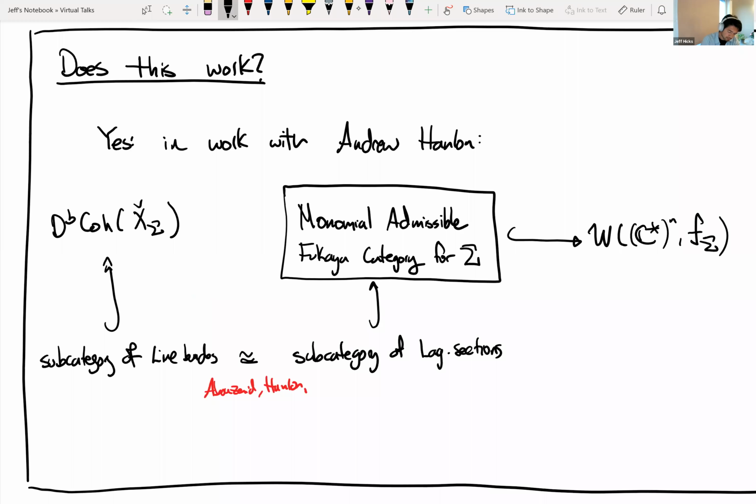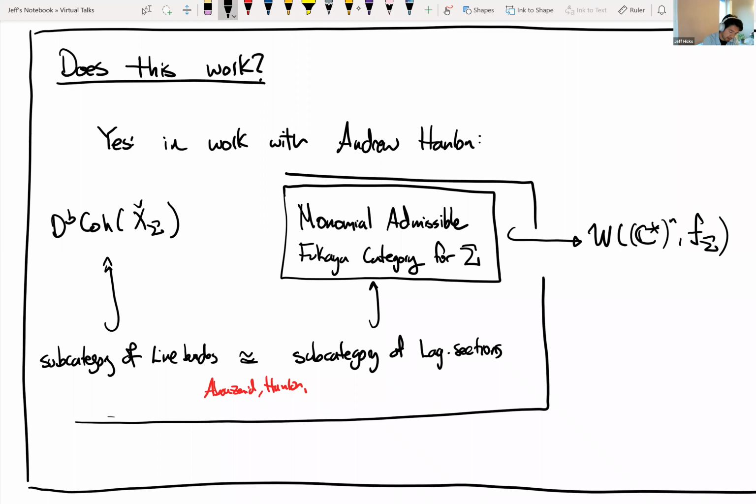So the strategy that Andrew Hanlon and I are employing is twofold. The first one is to look at existing results about mirror symmetry for toric varieties and interface it with the partially wrapped Fukaya category, which is stopped at this FLTZ skeleton.